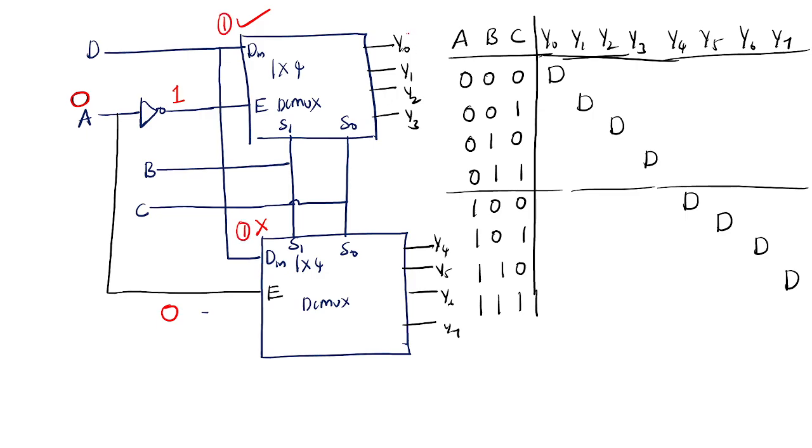So you are getting the output from Y0 to Y3. That means these B and C will decide. When it is 0, 0, D input is connected to Y0. 0, 1, D input is connected to Y1. 1, 0, D input is connected to Y2. 1, 1, D input is connected to Y3. Is it fine? Do you understand?